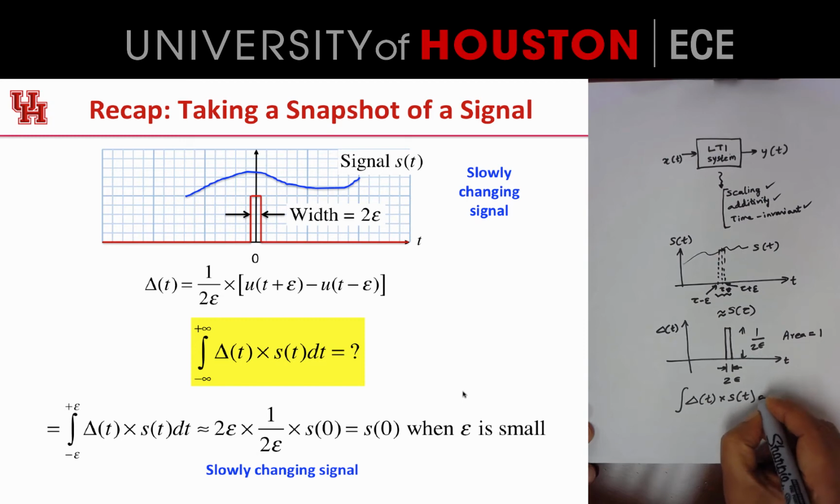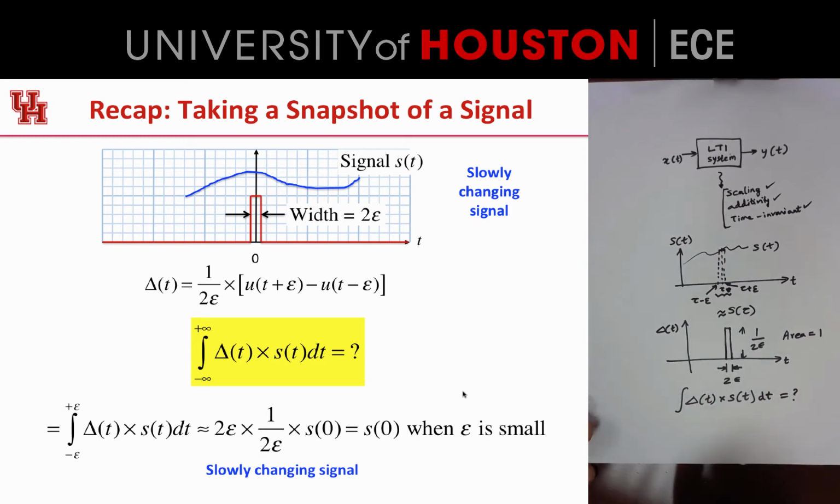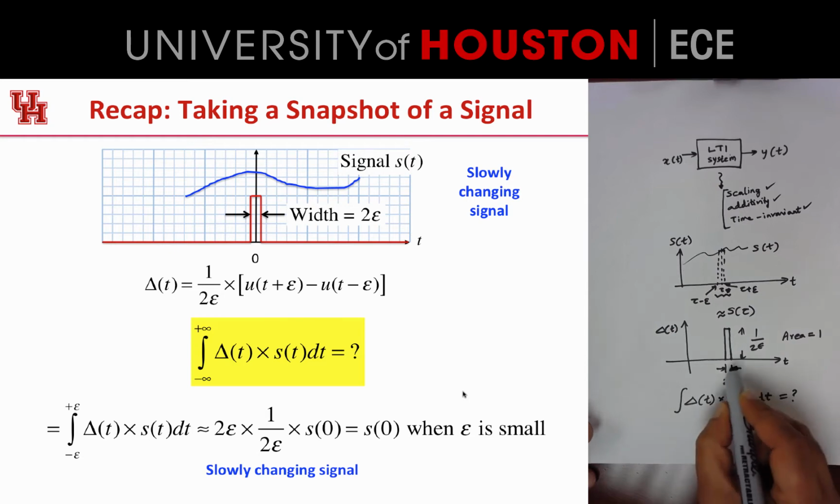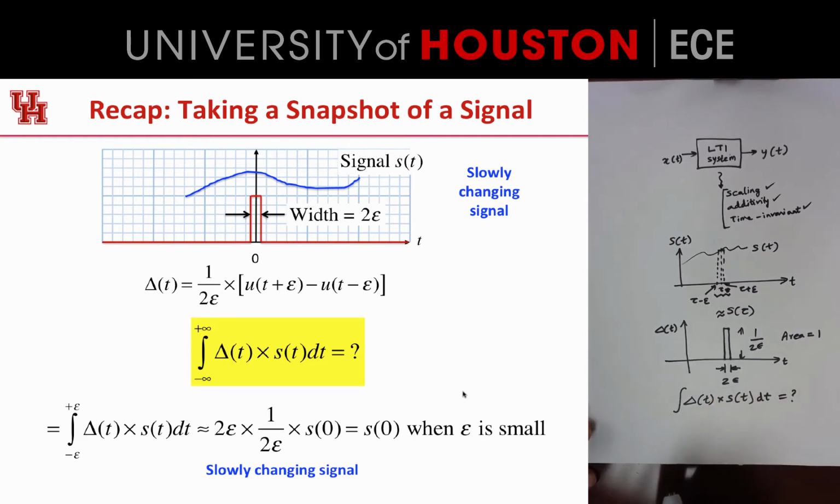So we want to know what this is going to be, right? So basically over this tiny region 2 epsilon, s of t is going to be the same value that's over here. Let's clean up our notation a little bit.